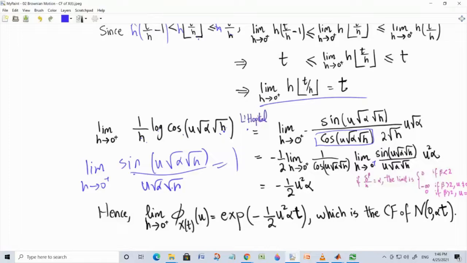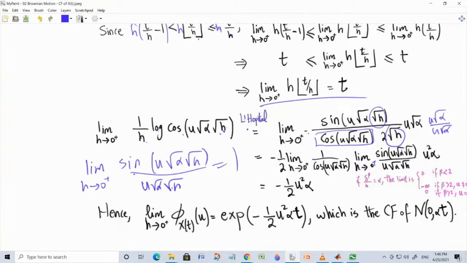The idea is that you have square root h in the denominator. So you multiply by u square root alpha over u square root alpha, and take this u square root alpha with the square root h, so that you have sine of something over exactly the same thing. When you do this, you end up with this 2, so it's 1/2.